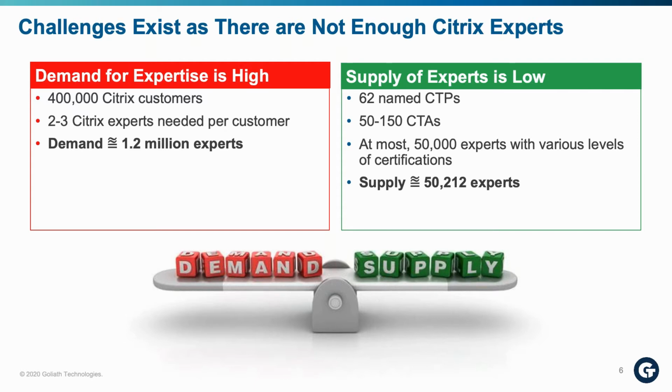So from that, there's a demand globally for about 1.2 million experts. Then you look at the supply. At the highest level of certified technical professionals, there's only 62. At most, there's another 150 of the next layer of certifications. And then there's another layer with around 50,000 users, Yemi's one of them, that has various levels of certification. So at most, you're talking about having 50 to 60,000 Citrix experts out there.